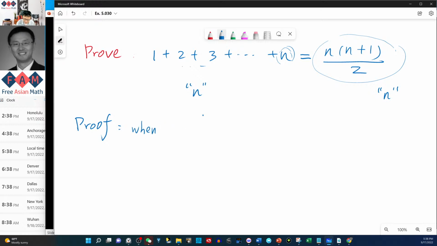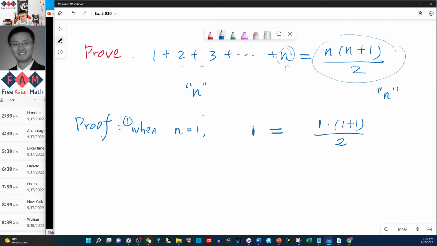So let's verify the initial step: when n equals 1, whether this is true. When n equals 1, the left-hand side of the formula is just 1, up to 1. So the left-hand side is just 1 itself. There's no further addition because that's the very last one, so there's no real addition. What happened to the right-hand side? n equals 1: 1 times (1 plus 1), remember n is 1 for now, divided by 2.